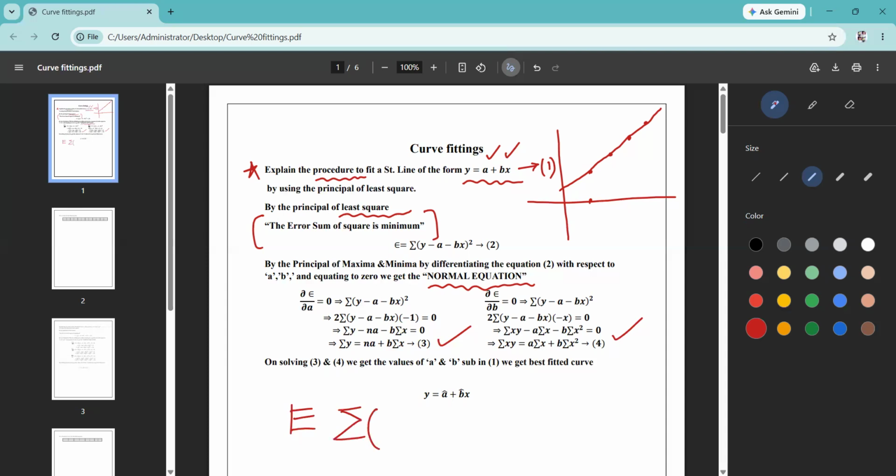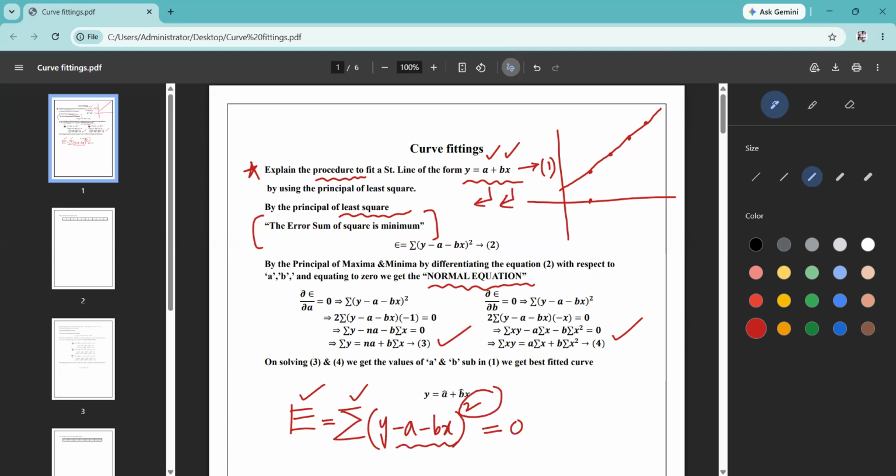This is the straight line we have: y minus a minus bx. I am going to take the plus values also to this side, so (y minus a minus bx) whole squared is equal to, see how to read: error sum of squares, whatever the value, is minimum means it is equated to 0.